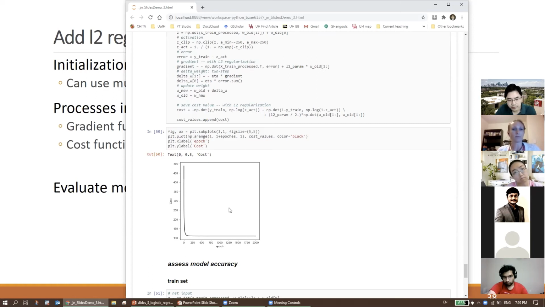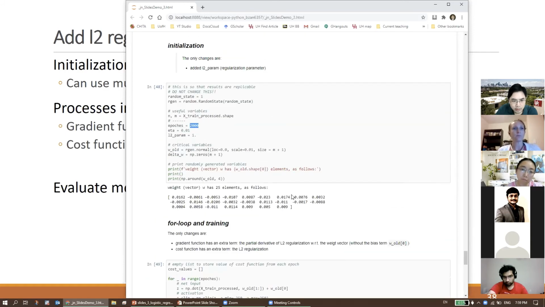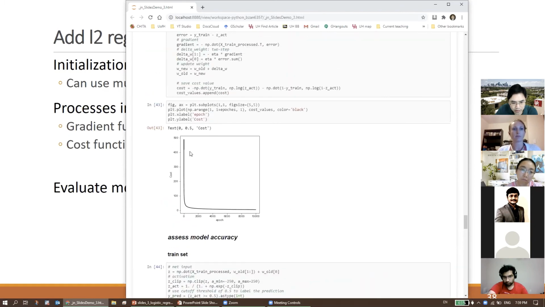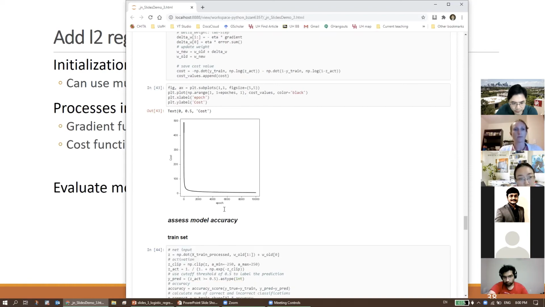And if you compare the curve of this version with regularization with the version above, you see the line is still improving somehow, even after 10,000. The model flattened after almost 2,000 epochs. From here, it's quite flat, even though it's increasing slightly.